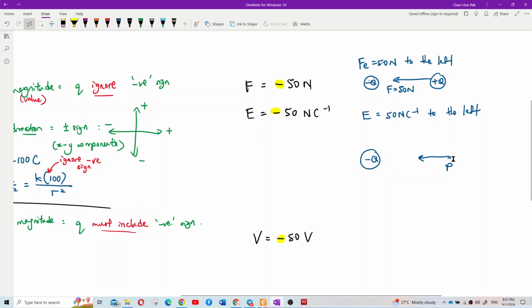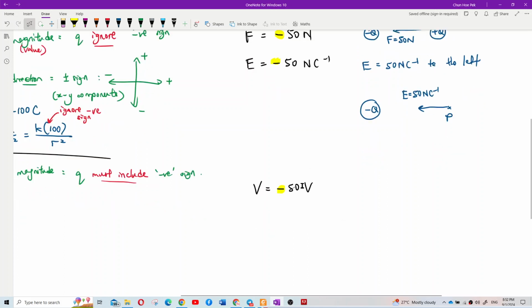So at point P, the electric field is 50 Newton per coulomb, arrow to the left, towards the negative charge. This is what I mean by negative 50 Newton and negative 50 Newton per coulomb for force and electric field. Now, what is negative 50 volt?